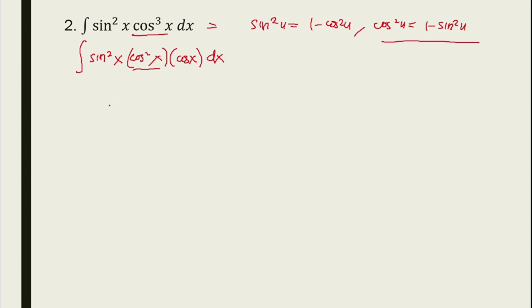We have anticipated that the derivative of sine x is equal to cos x dx. So next, we have here sine squared x, and we have here 1 minus sine squared x, and this is cos x dx.